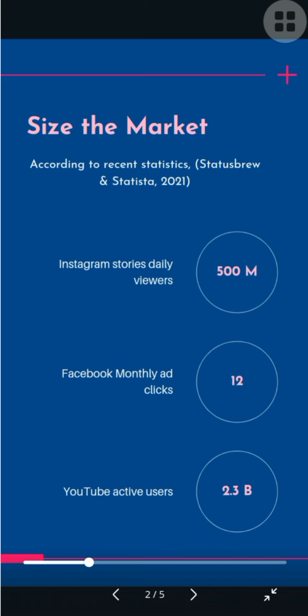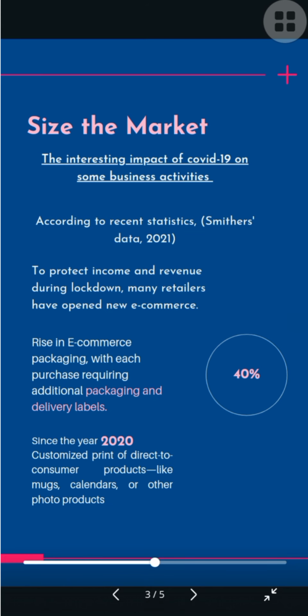On Facebook we have different media as well, but on YouTube we have as much as 2.3 billion video viewers. So this gets you thinking: if so many people are out there on social media, why not try and think of how to bring your content out to them? That is why we need to get to them.